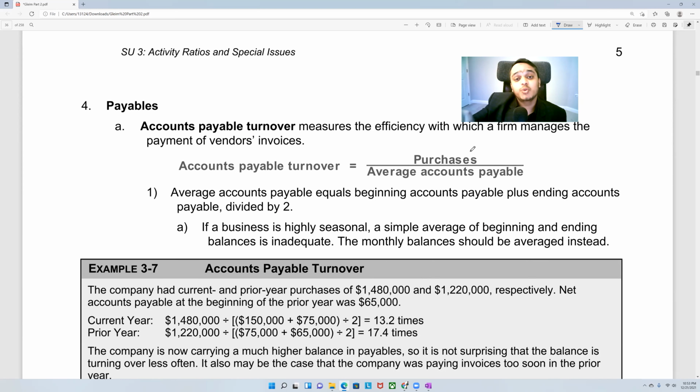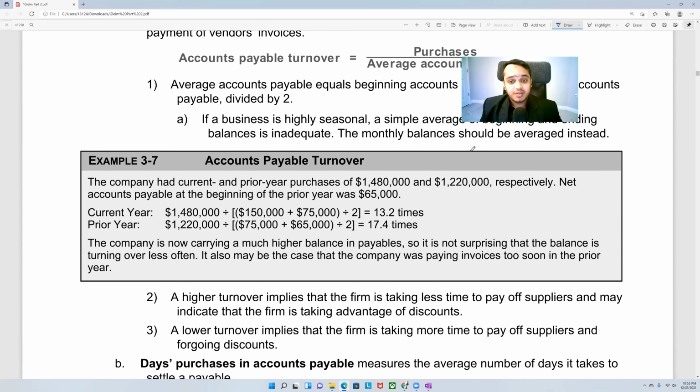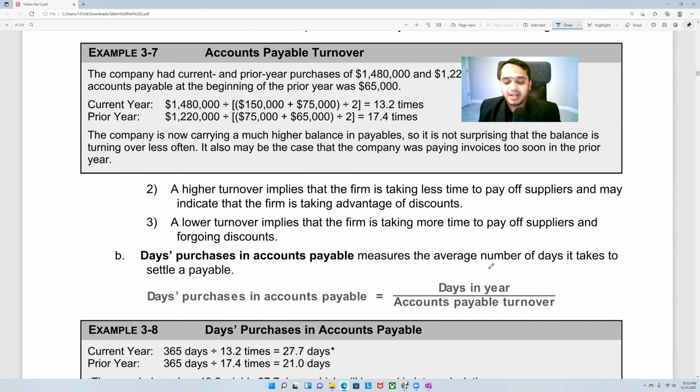Then in payables, you take purchases divided by average accounts payable. Whatever accounts payable turnover you receive, you take it forward and divide the days in a year by that answer to get your days of purchases in accounts payable, that is, how many days you are going to take.